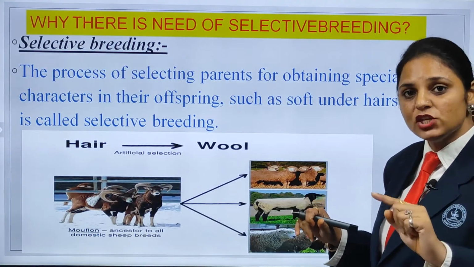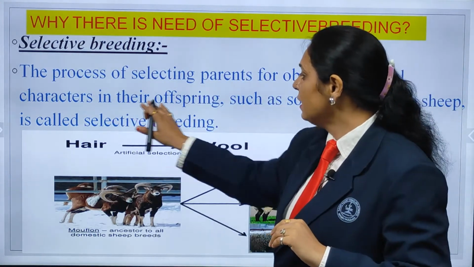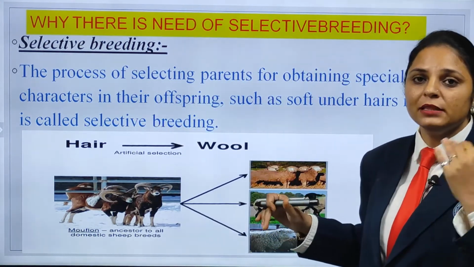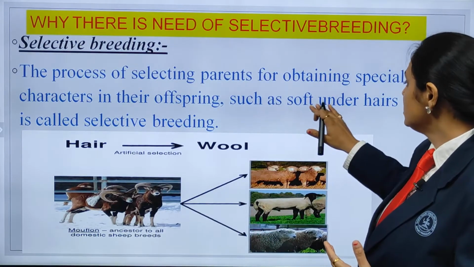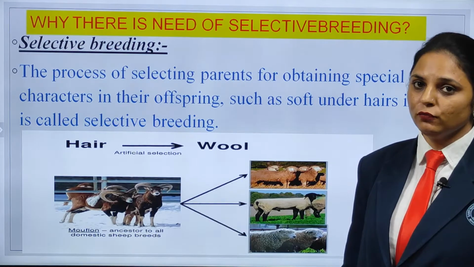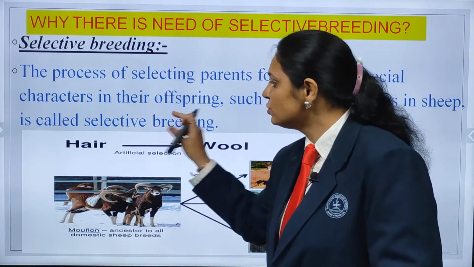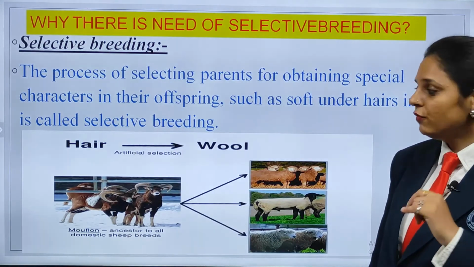For obtaining special character, the breeding among these parents is done, and their offspring, the baby, has such soft underhairs in the sheep, that is needed for the wool. For that purpose, selective breeding is done.